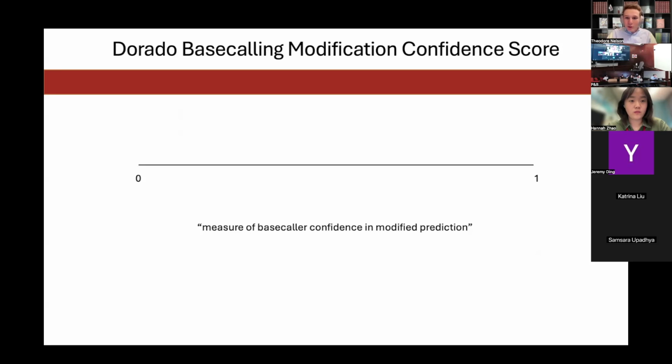I put this timeline here between 0 and 1, which looks very arbitrary, and in fact the prediction is very arbitrary. It's just a score between 0 and 1. It can be fractional, can be decimal, and you basically get this output.